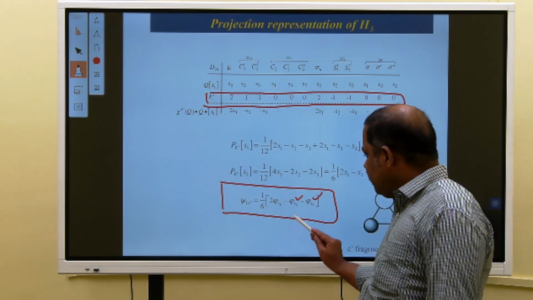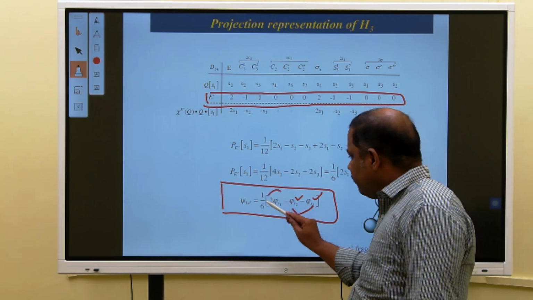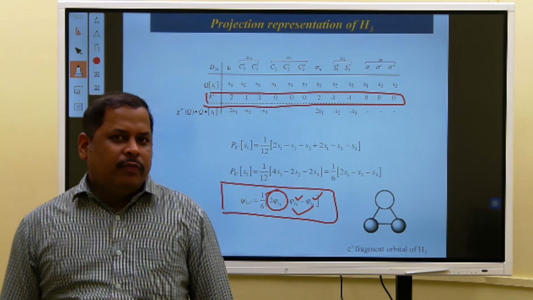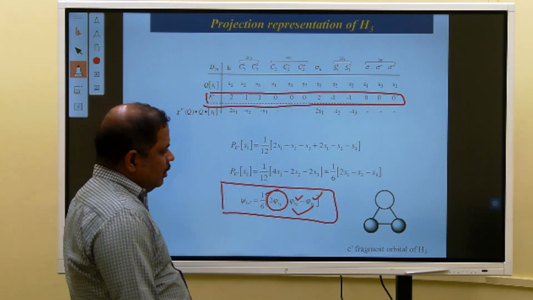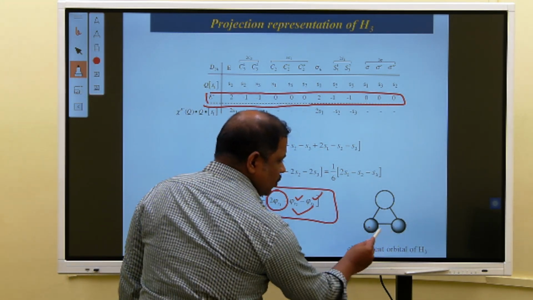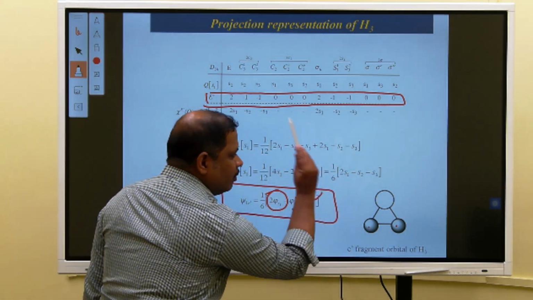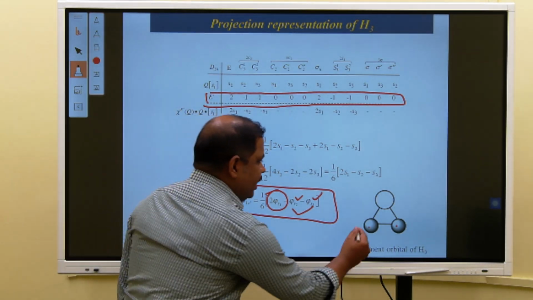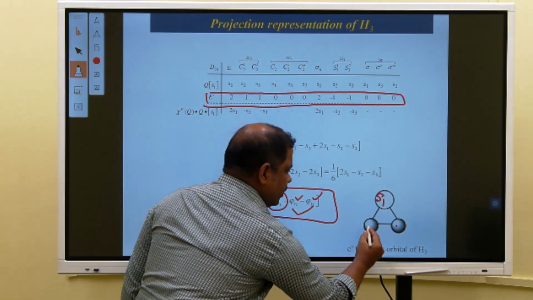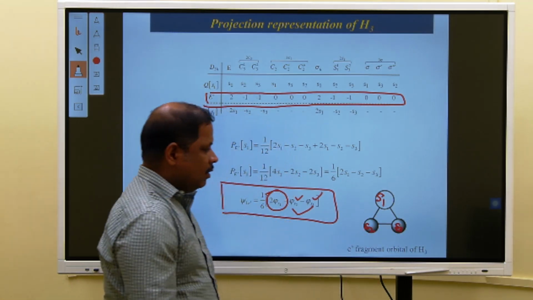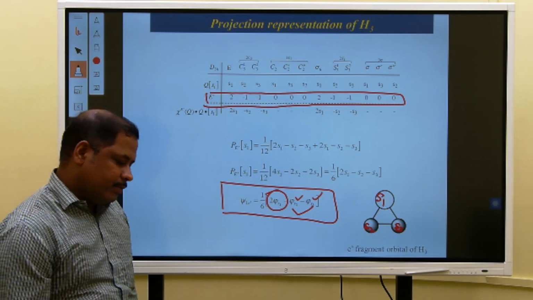Means they are still in the same phase but differ from S1, right? So if you try to draw, remember these 2 have the same phase and the first one will be different. So this is S1, this is S2 and this one is S3. Is it clear? Okay.